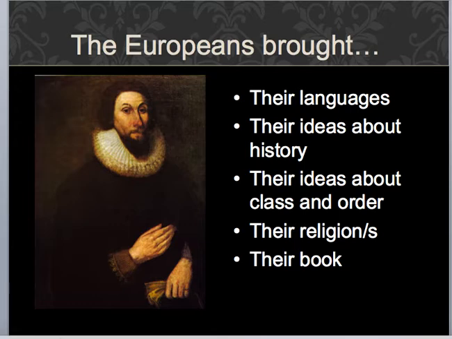We have their ideas about history. That history is a linear process that leads towards something. And you see this a lot in the writings of the Puritans too, that there's an idea of history being a playing out of God's will, right?